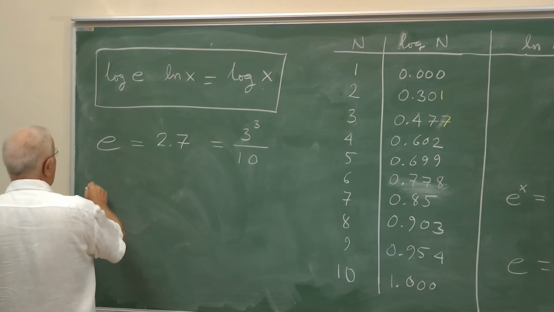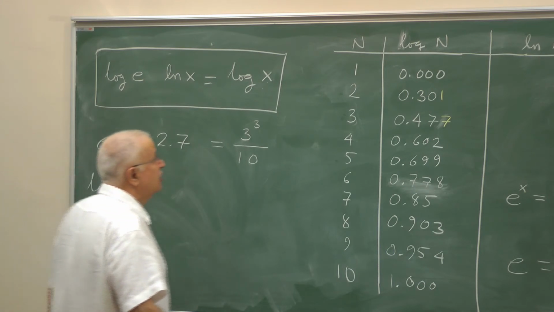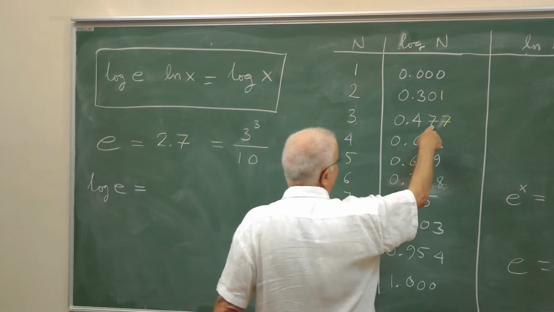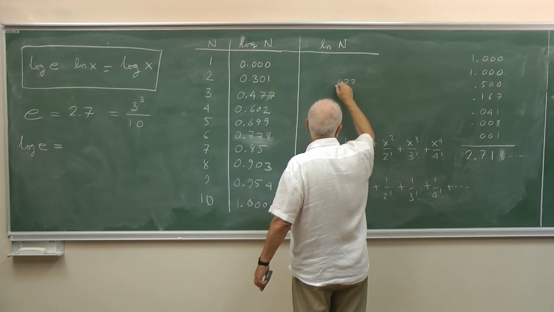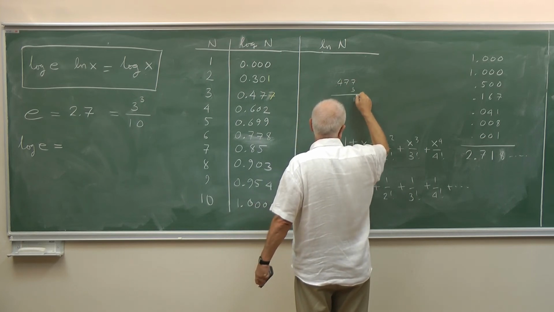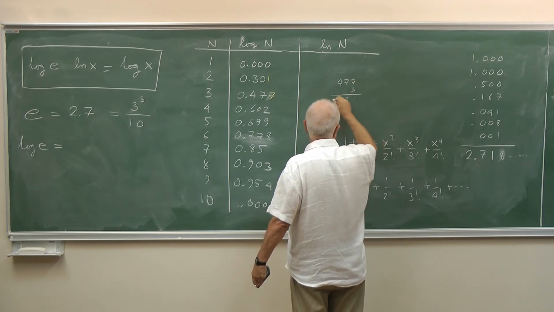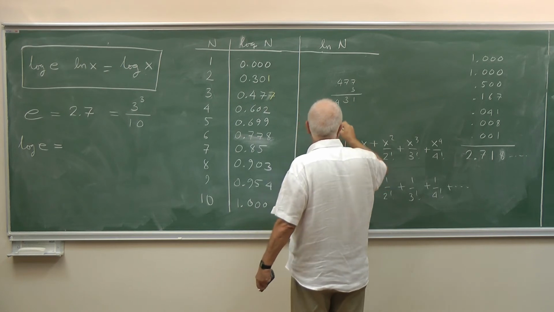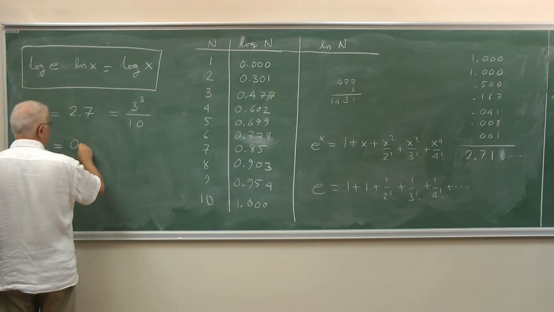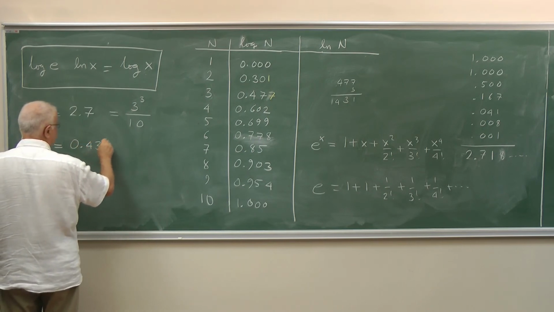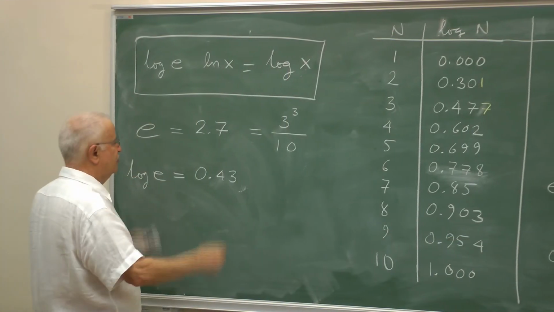Therefore, log e will be 3 times log 3 minus 1. Well, 0.43 is good enough.